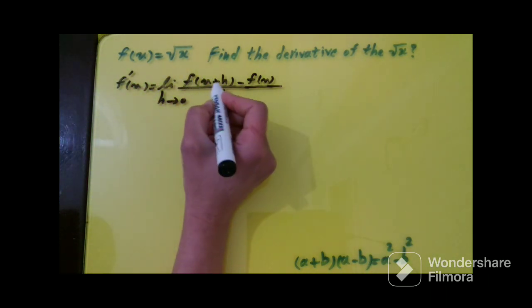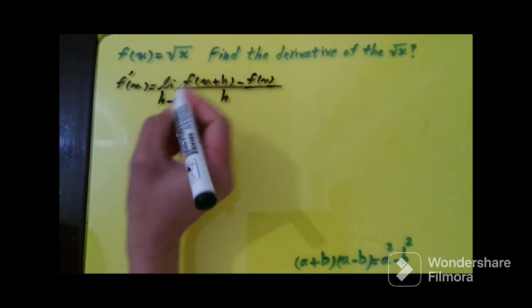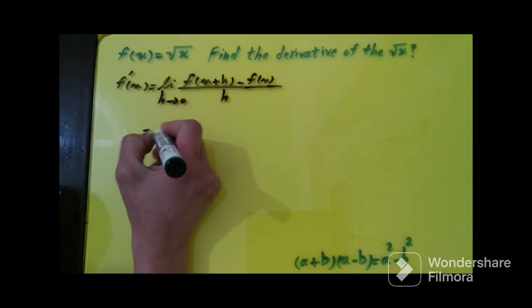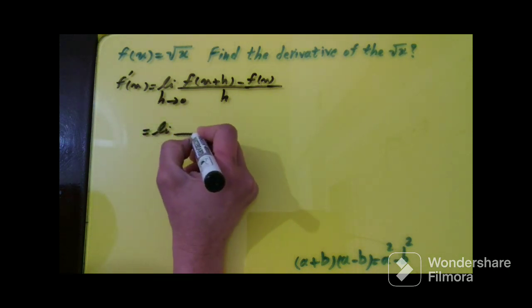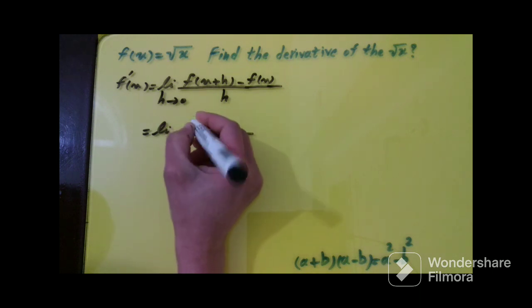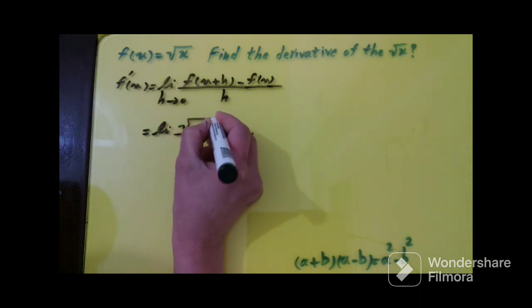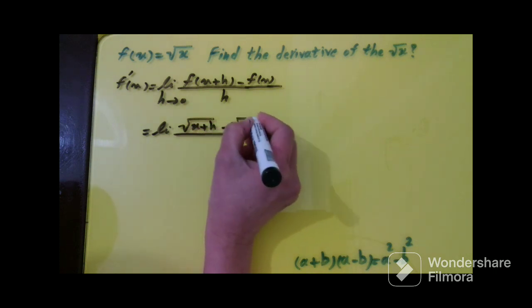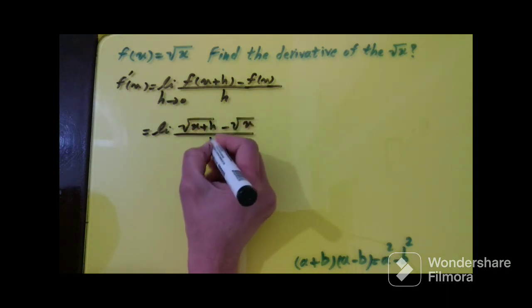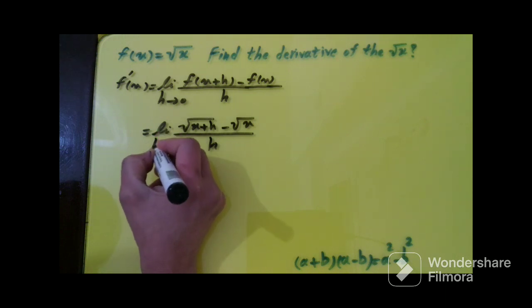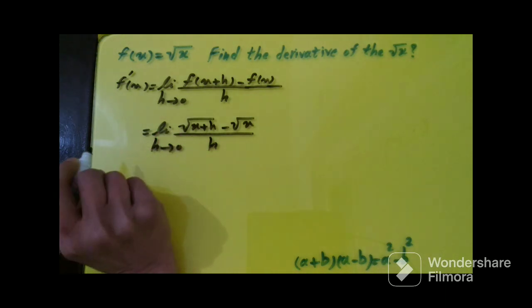Now we should put x plus h instead of x. So it's limit of square root of x plus h minus square root of x all over h as h approaches 0.